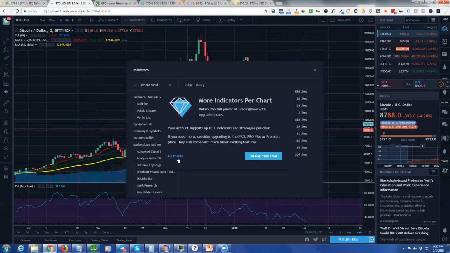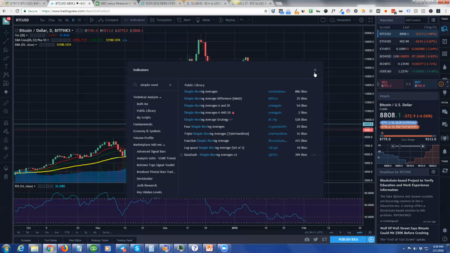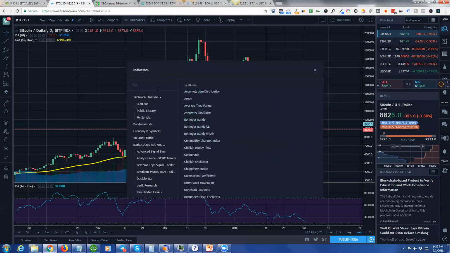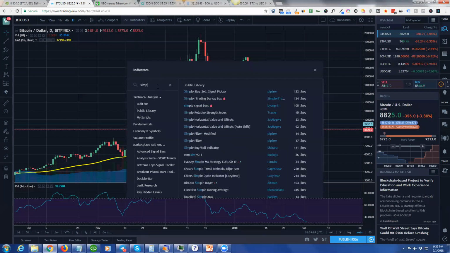I'm using the free version here, so it won't allow me to put it in because I already have other indicators. So what I'll do is I'm going to get rid of this one here. I'll pull it back up later. So let me add this back in, and you'll see how it plots differently.